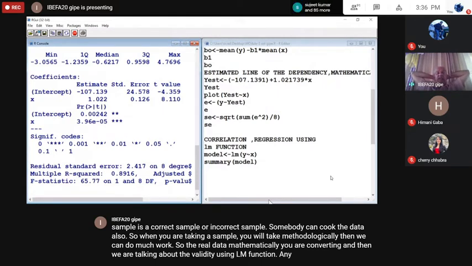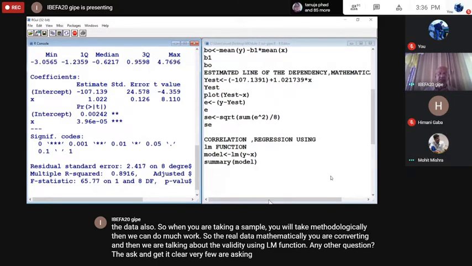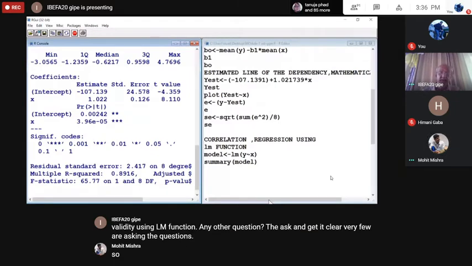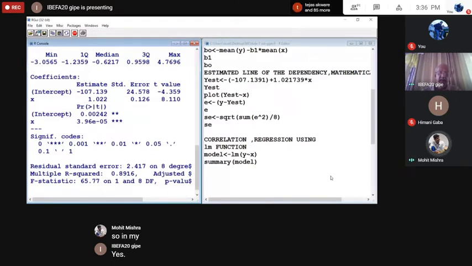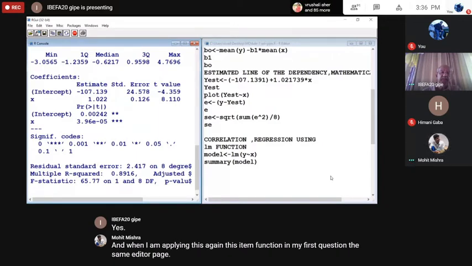Any other question? No, ask and get it clear. Very few are asking questions. Sir, in my editor box, when I applied this LM function, it is reading data from my second question. And when I apply this LM function in my first question, in the same editor page, it again takes the second.